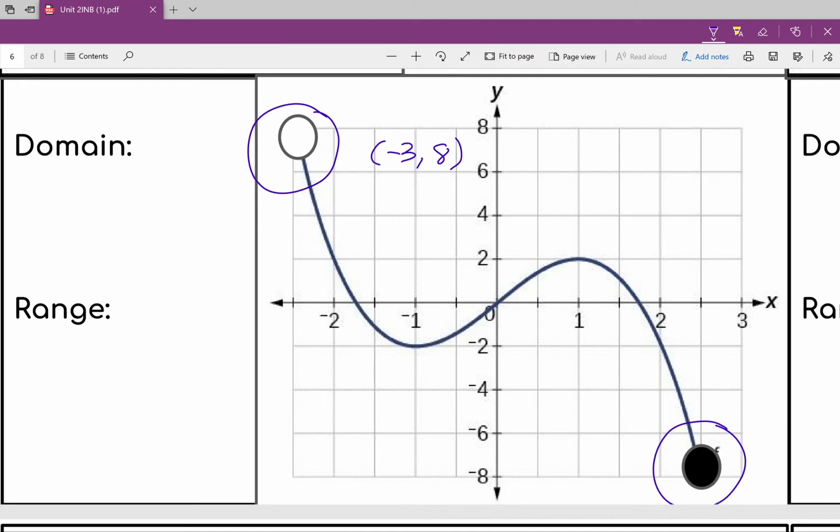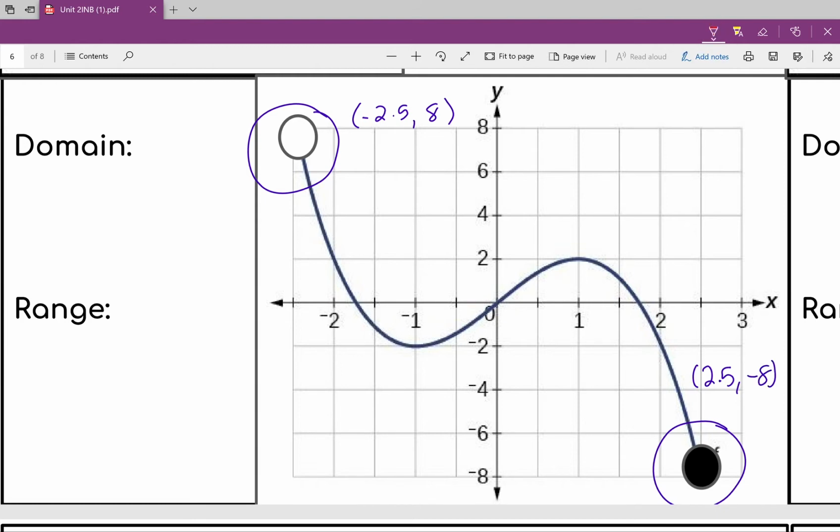Actually, I think I made a little mistake here. Notice how this x-axis is going by 0.5s. See, 0.5, 1, 1.5, 2. So this one is actually going to be -2.5, 8. And this one over here where the closed dot is going to be 2.5, -8.